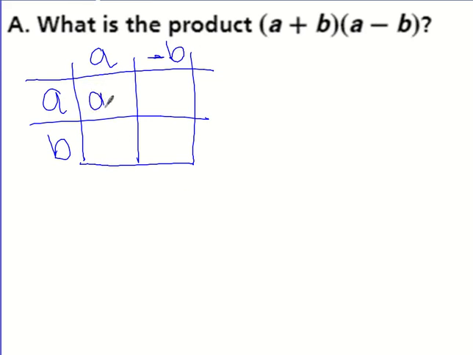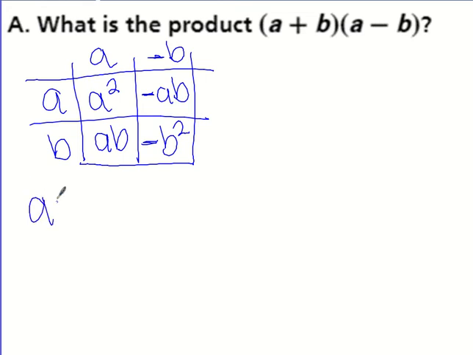So again, I get a squared. Here, I get negative ab, right? Negative times a positive is negative, and a times b is a times b. Here, I get a times b, and here, I have negative b squared, because b times b is b squared, and times it by a negative is negative.